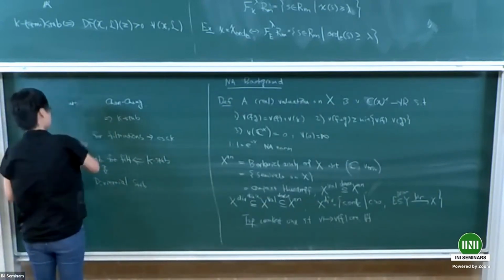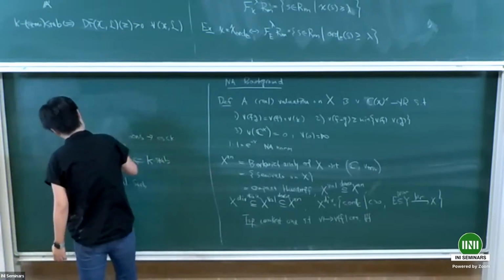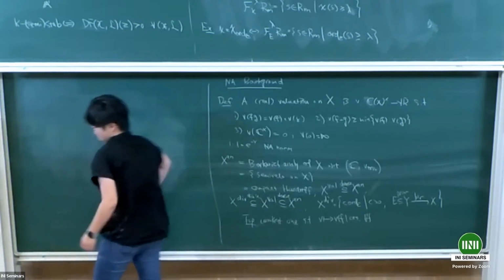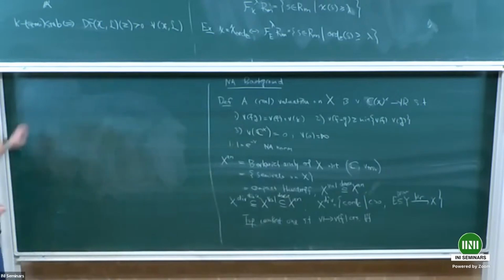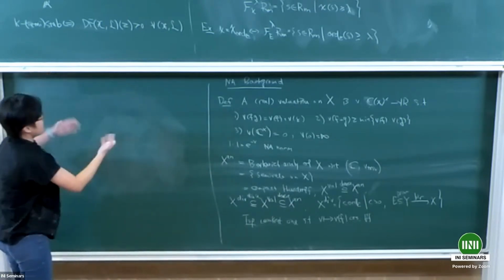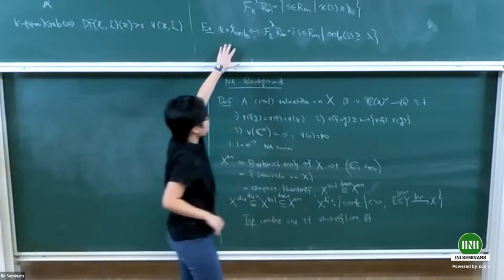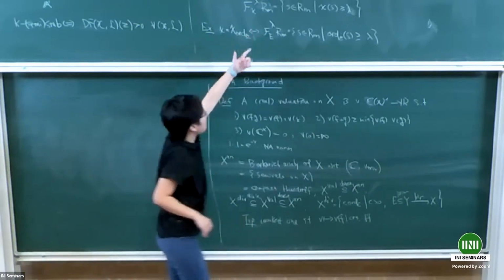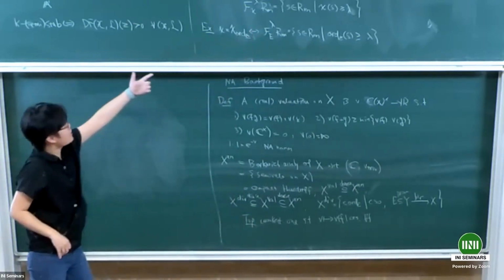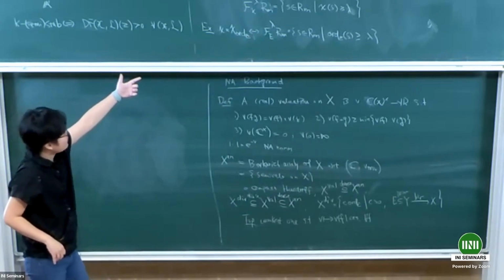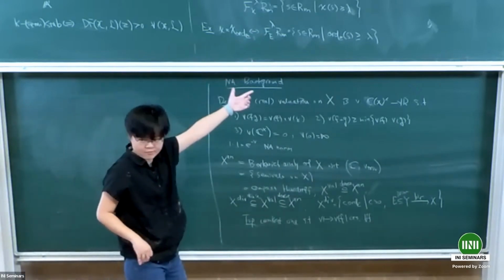So maybe I'll just say it now, since you asked this question. In this case, you can always still form the Rees algebra as before, but the problem is that for a lot of valuations, this Rees algebra is not finitely generated.